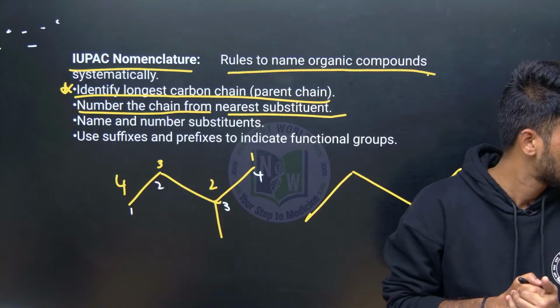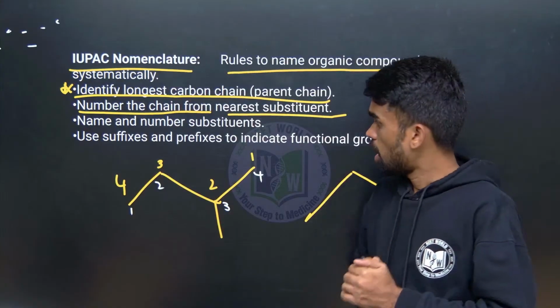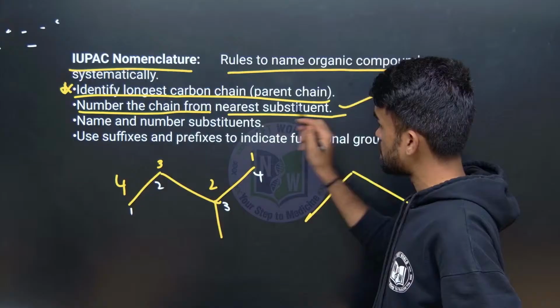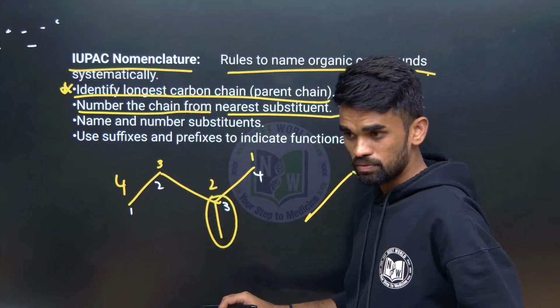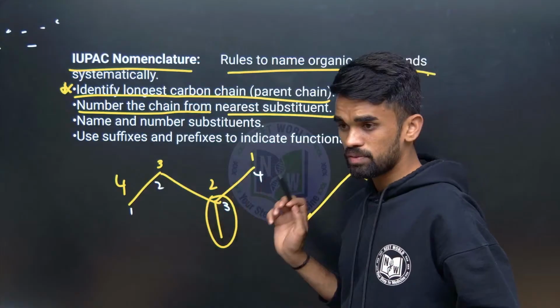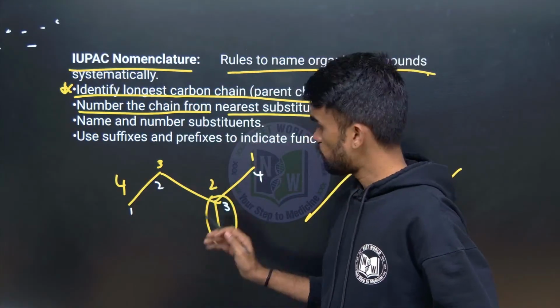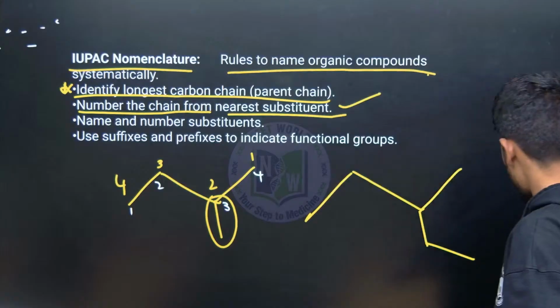Why the yellow one? See the second rule: number the chain from the nearest substituent. The nearest substituent is from here. So what is the name of the compound now? Four carbons are there. Here I have a table.